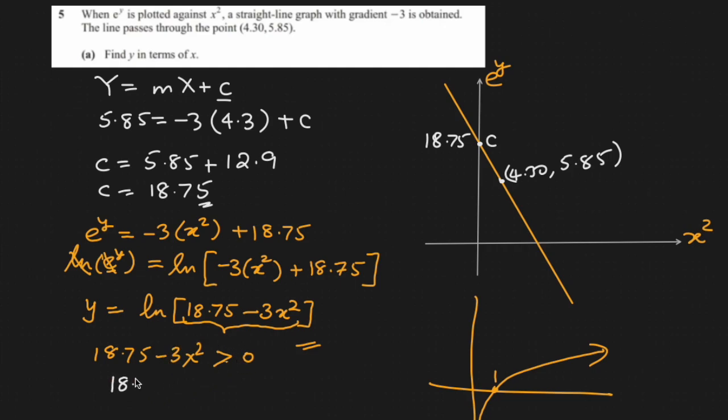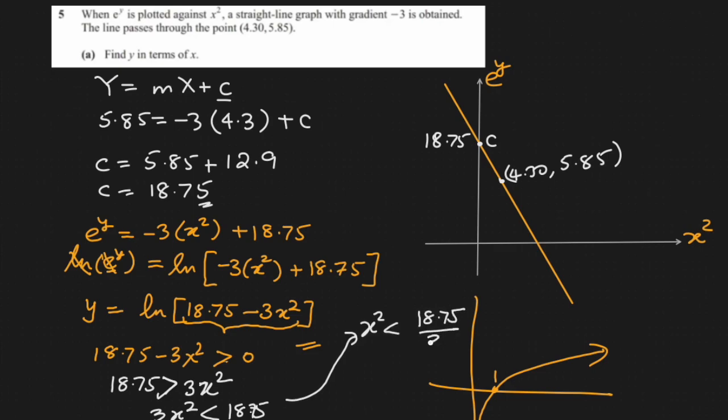So 18.75 is greater than 3x square, which is, 3x square is less than 18.75. It's the same thing, right? I should write the variable on the left side, so I changed it. So x square is less than 18.75 divided by 3, which is x square is less than 6.25.